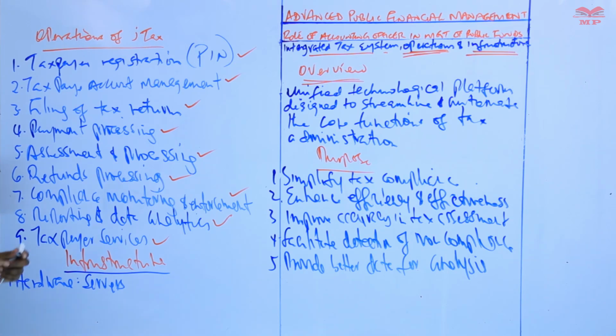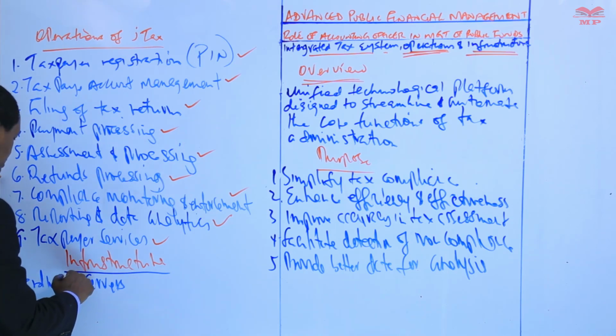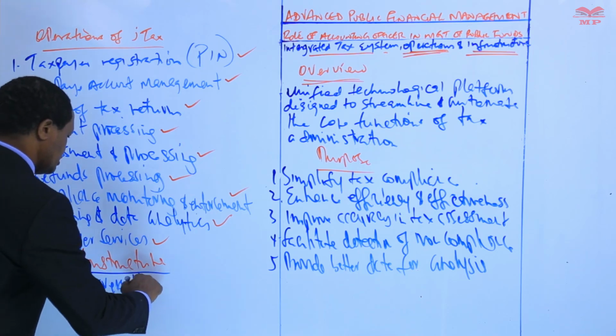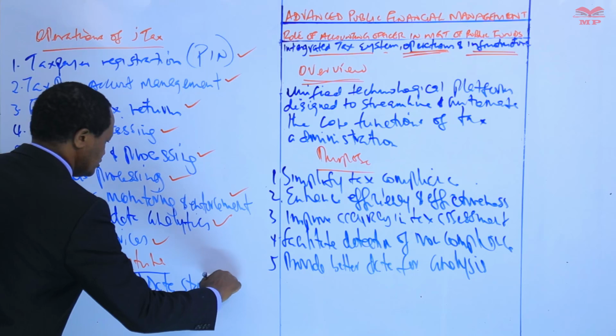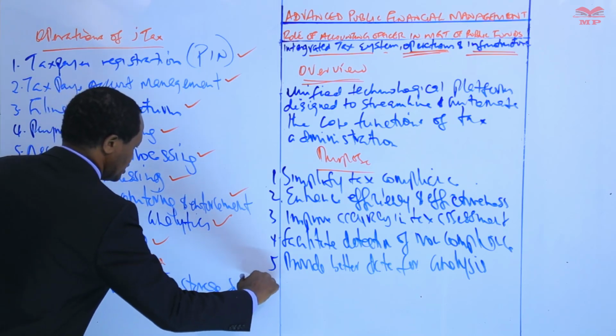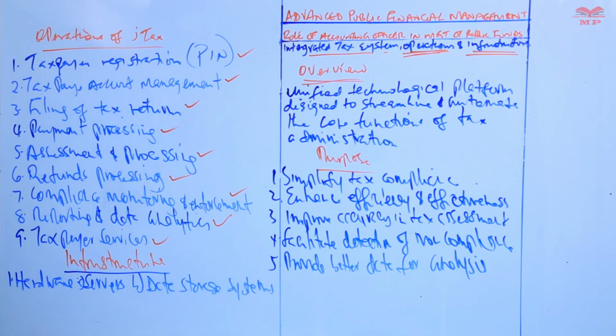You may require data storage systems. This is A. B, data storage systems may be required as part of infrastructure, to secure and to scale storage solutions.